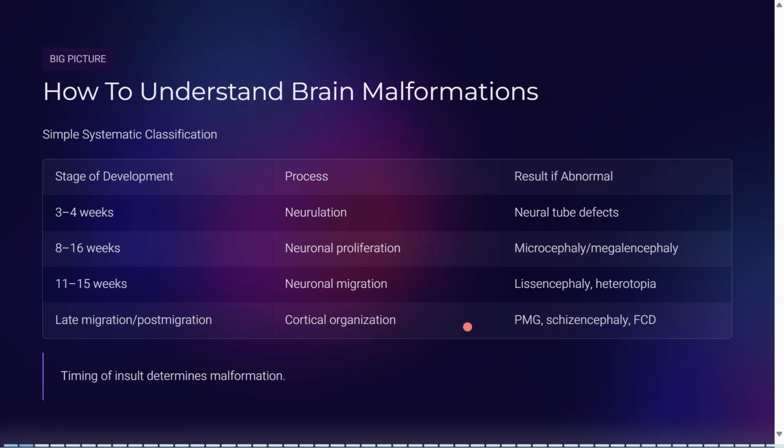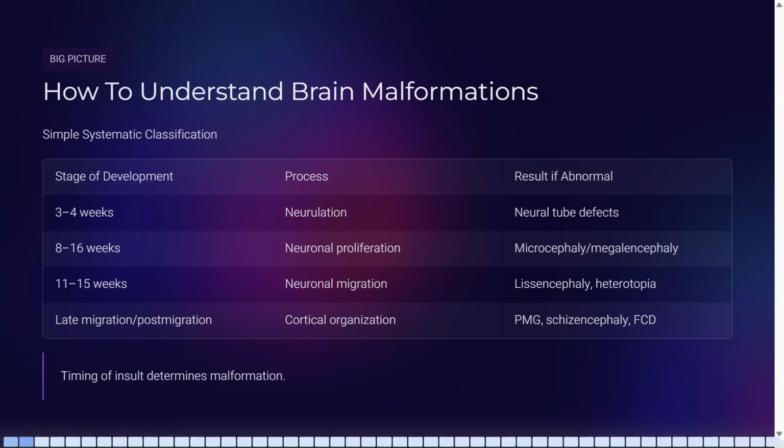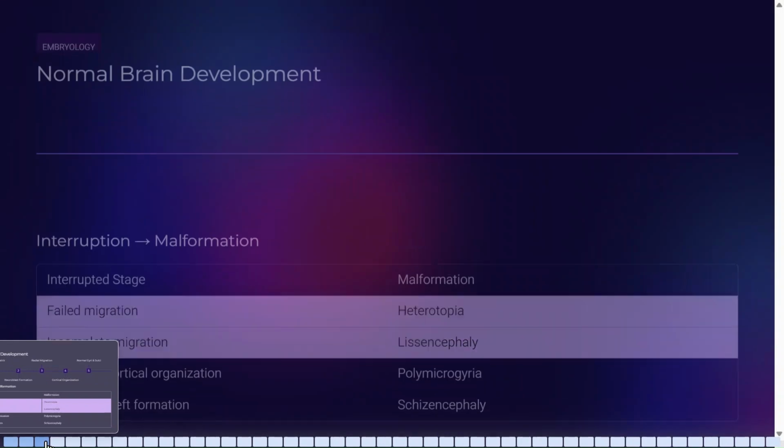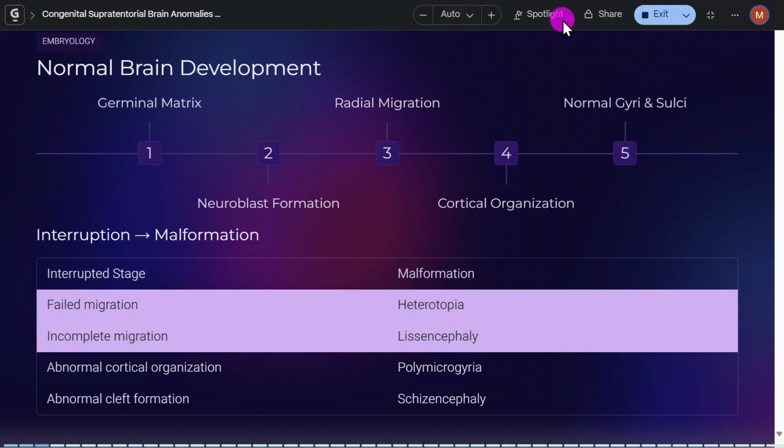Another table and another timeline to know normal brain development. Neurons are born in the germinal matrix and form neuroblasts, and then they migrate radially outward, and then there is organization, and then they form normal cortical gyri.